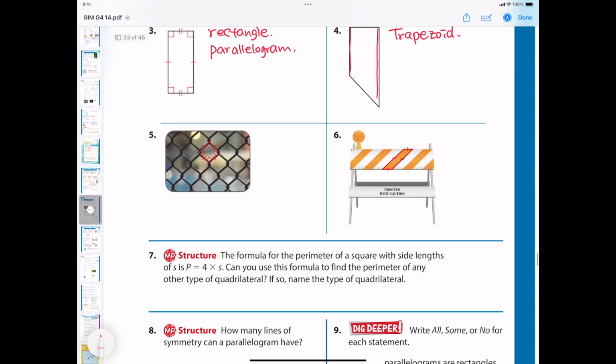What about number five? This has four equal sides, which means a square. I said a square can fit into anything in the quadrilateral world, but not the trapezoid. So we need to put rectangle, parallelogram, and also rhombus.